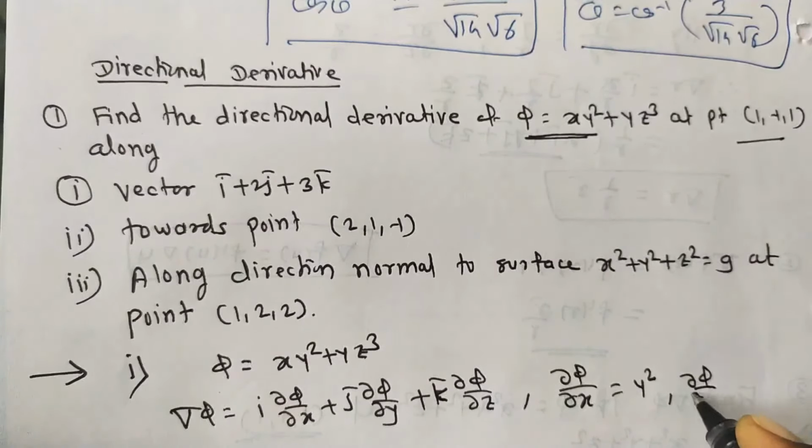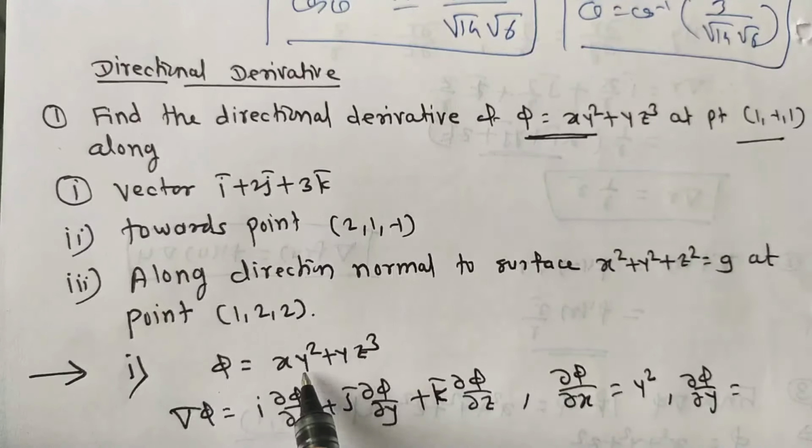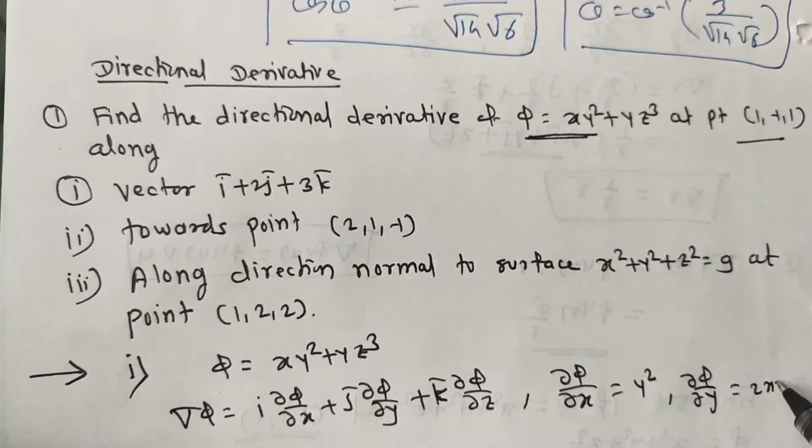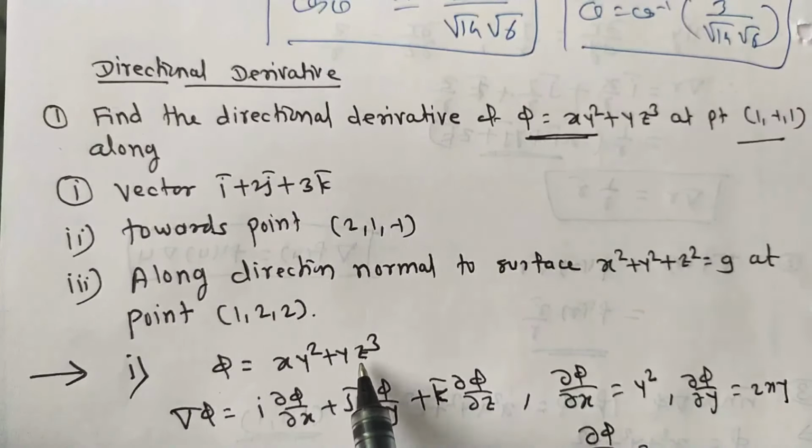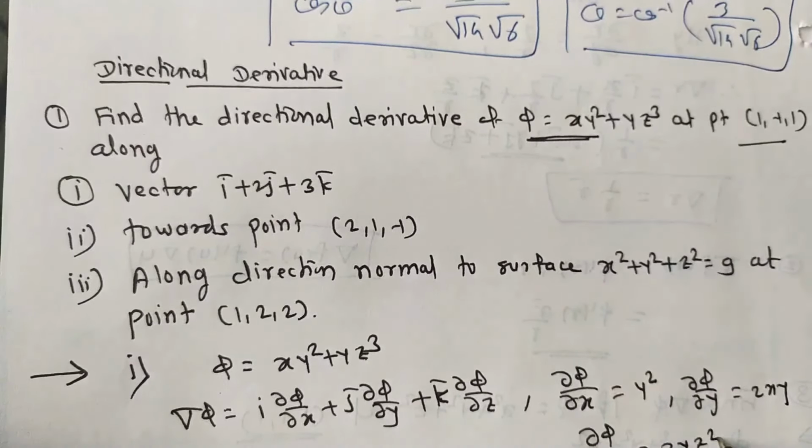Similarly, del phi by del y is the derivative of xy square, which is 2xy, and del phi by del z is the derivative of yz cube, which is 3yz square. Okay, the derivative of xy square is 0.